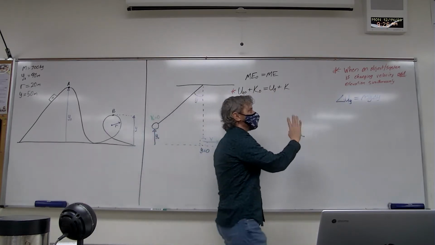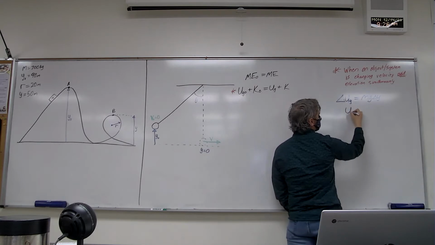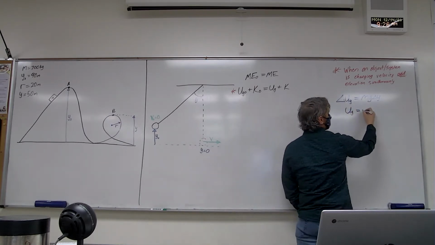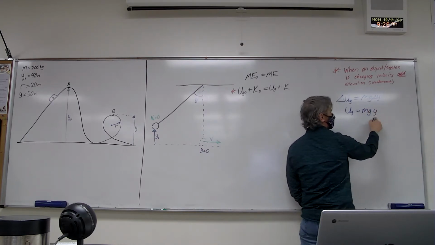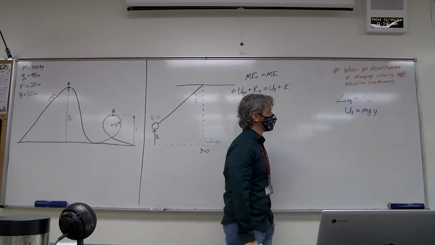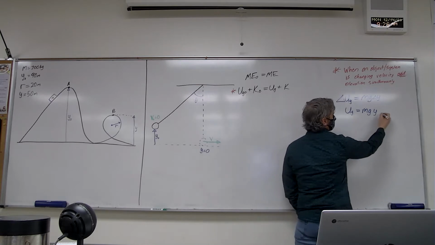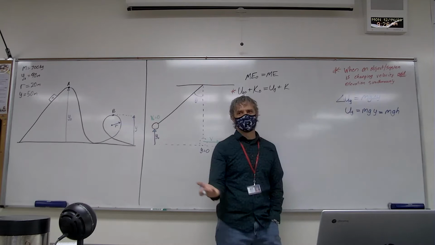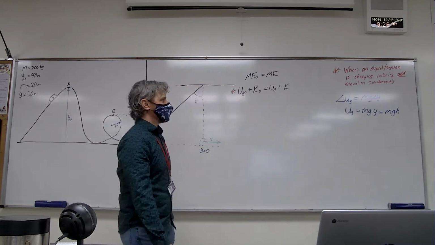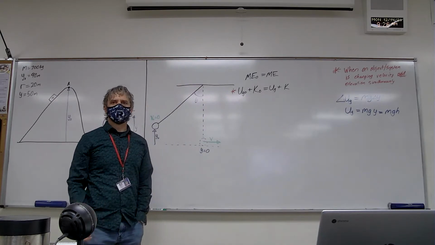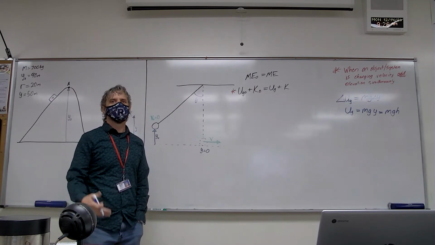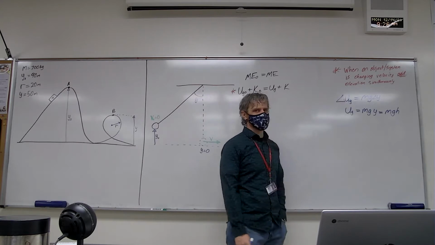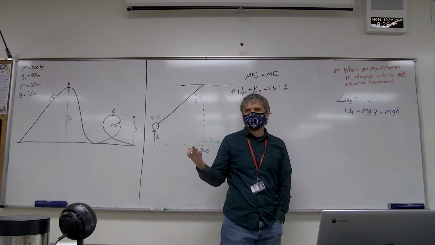So usually when we're plugging into this, though, we just use the gravitational potential energy at a certain height is simply mg times the vertical position at that height. And a lot of books, a lot of classes in pre-AP and on level, we just write that as mgh. But in big kid physics, it makes a little more sense to talk about vertical positions as opposed to just height. Okay, it's more rigorous that way. But you want to think of it as height because it's just the height above the ground.